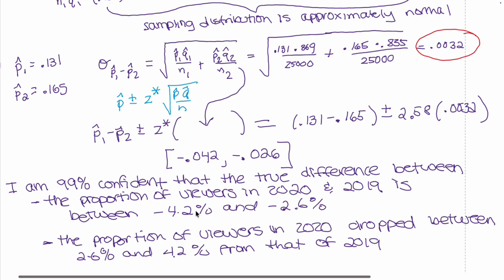So the conclusion will be, I am 99% confident that the true difference between the proportion of viewers in 2020 and 2019 is between -4.2% and -2.6%. If you think that is kind of awkward, you can also change the format to be the proportion of viewers in 2020 dropped between 2.6% and 4.2% from that of 2019.